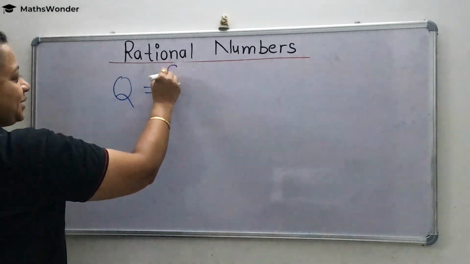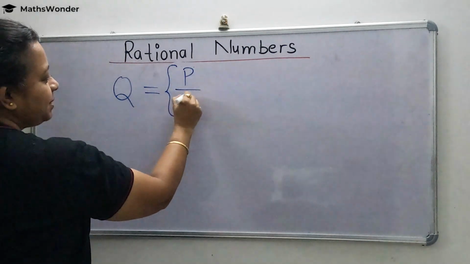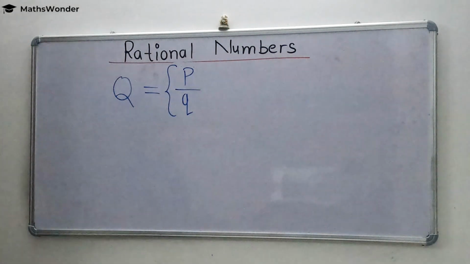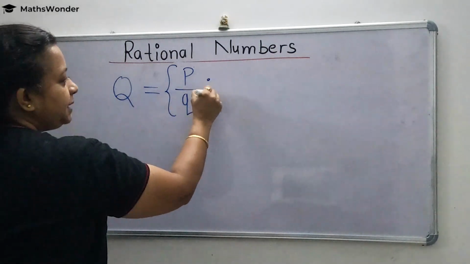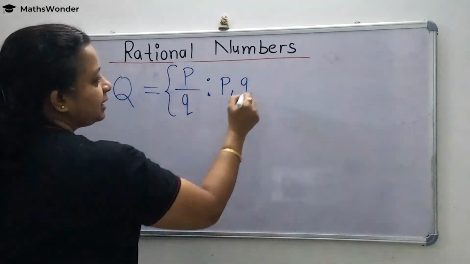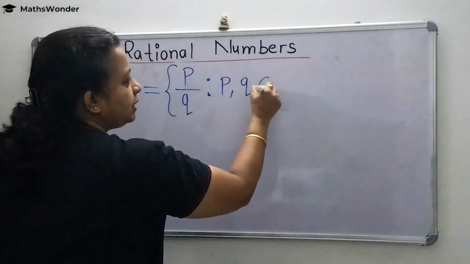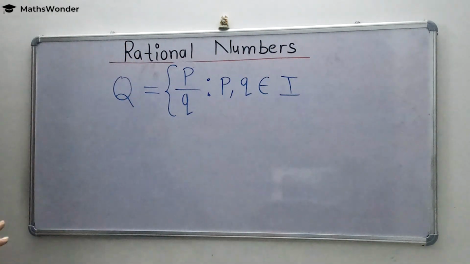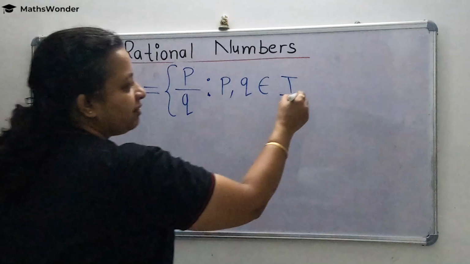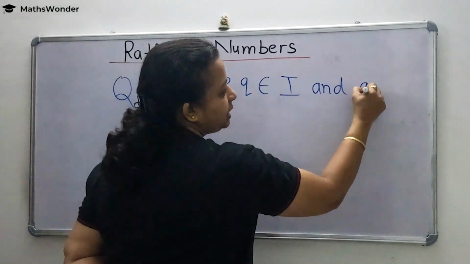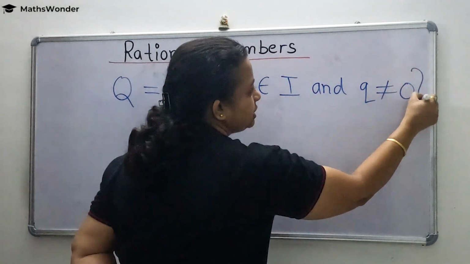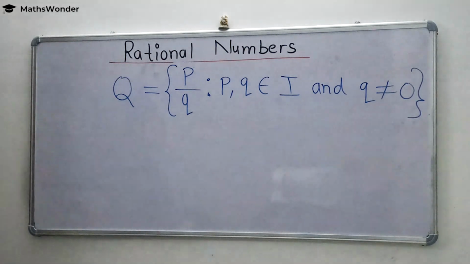Capital Q, and the form of the rational number is P over Q. Here P and Q are which type of number? They belong to integers, because integers cover everything: positive numbers, zero, negative numbers. But the only condition is Q should not be 0. This is the higher standard definition of rational number.